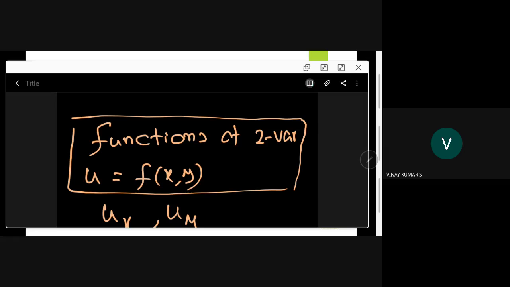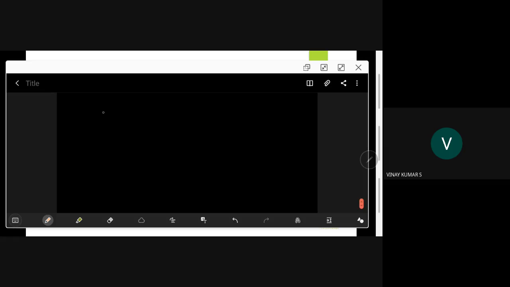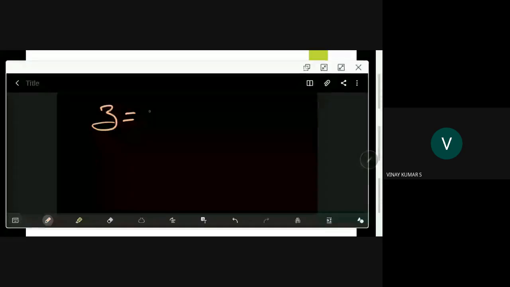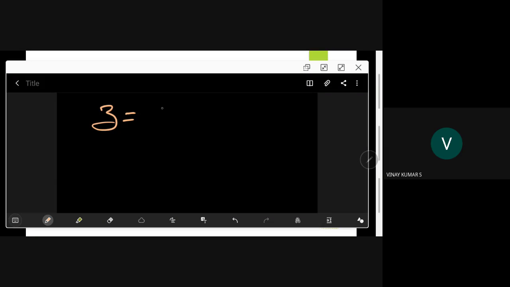Chain rule means composition is coming into the picture. So z is equal to, what is the notation we are following here? Z is equal to f of u. So our f of u is, say, e power u.